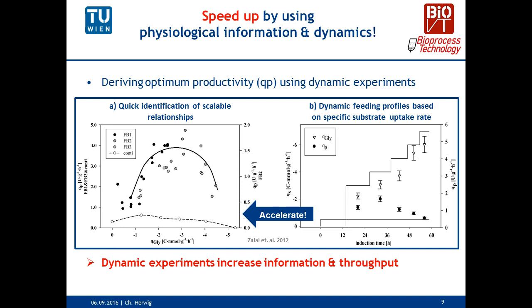Not enough with that. You can also start including dynamic experiments, because those kinds of tools inside of Lucullus are not only available in real time, but they are also capable of balancing in dynamic process conditions.